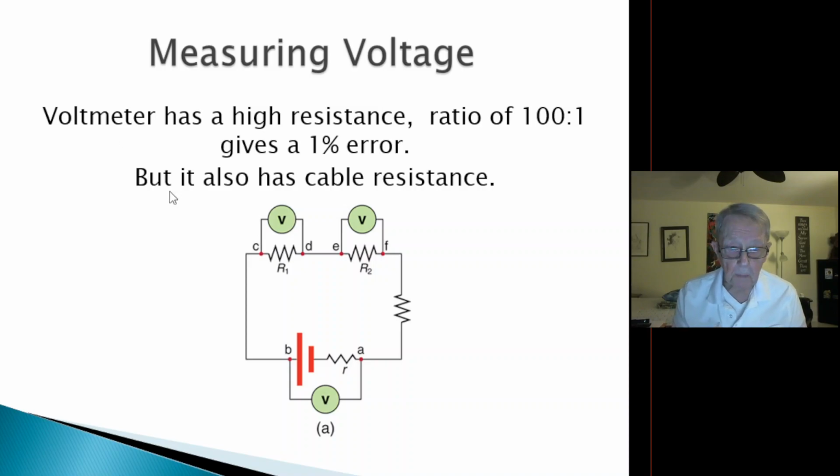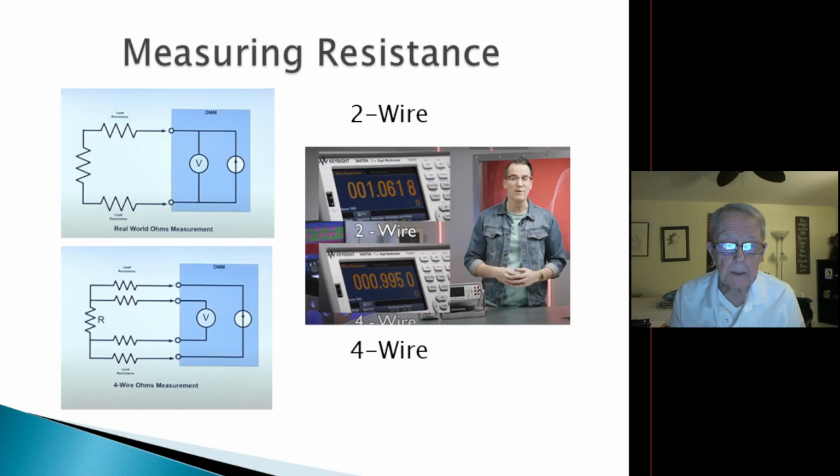When you measure voltage, there's not much you can do. The voltmeter has a very high resistance, so it doesn't steal much of the current. When you measure something, you change the circuit, but not very much, and there's not much you can do about that. So voltage is a 2-wire measurement.